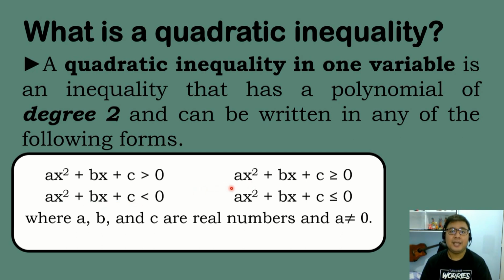Another one is ax squared plus bx plus c greater than or equal to 0. And also ax squared plus bx plus c is less than or equal to 0, where the numerical coefficients are all real numbers and the value of a must not be equal to 0.